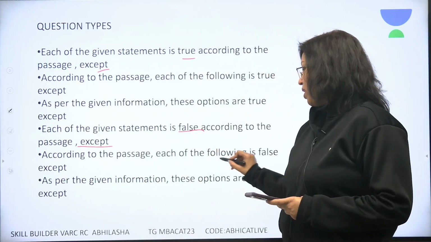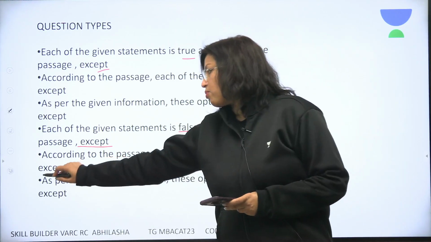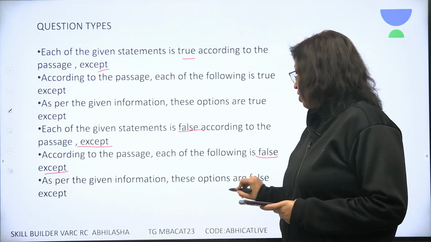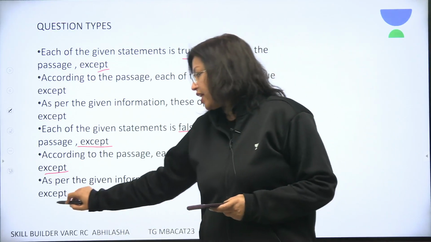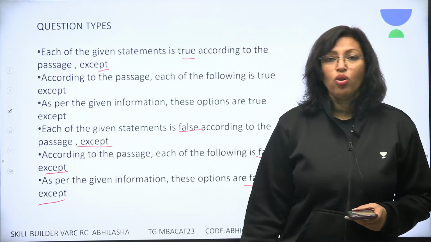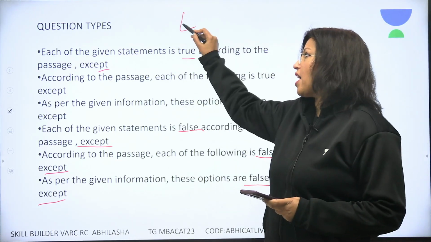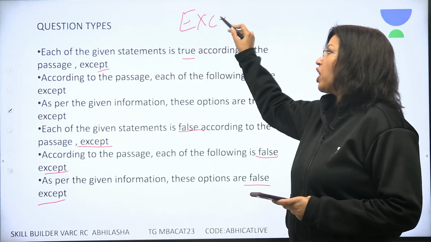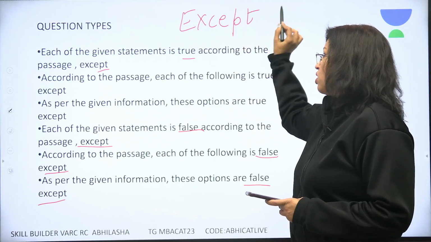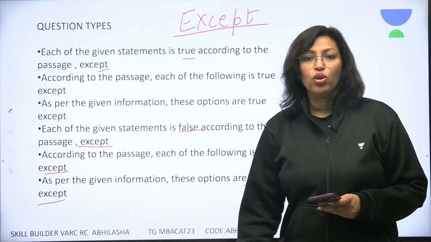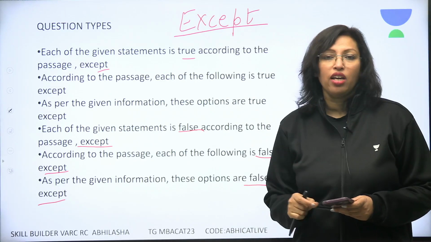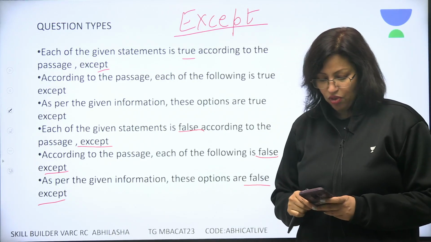According to the passage, each of the following is false except. Or according to the given information these options are false except. So while you're reading the question, be very careful and don't miss out on the except, because that will change the game. So one very important thing for you is to read the question very carefully. That's life and death for all of us.